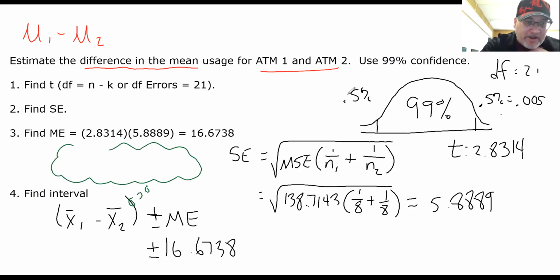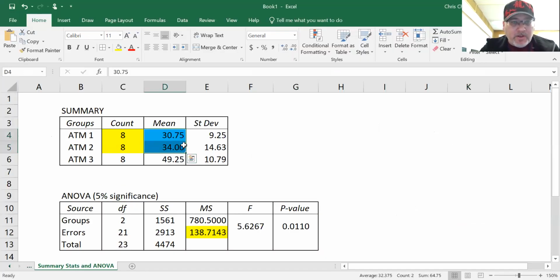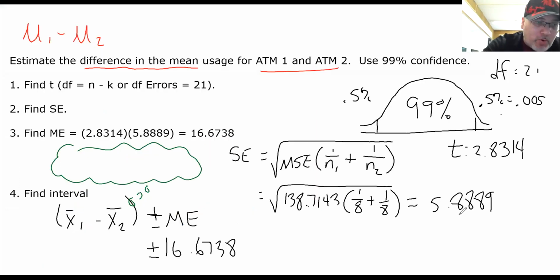I need to subtract my 2 sample means, which means we need to go get our 2 sample means, which are contained in the spreadsheet. Our 2 sample means were right here, and we are doing first minus second. So it will be 30.75 minus 34, and that should be negative 3.25.